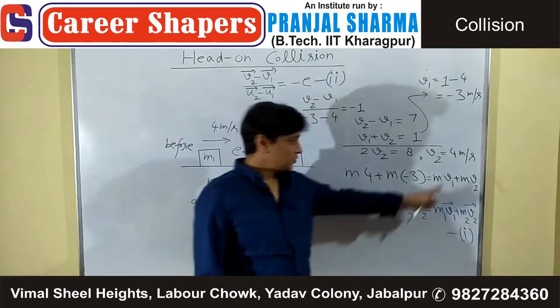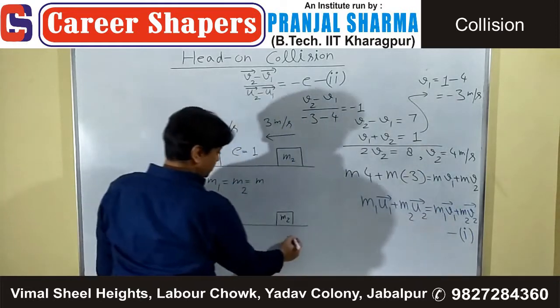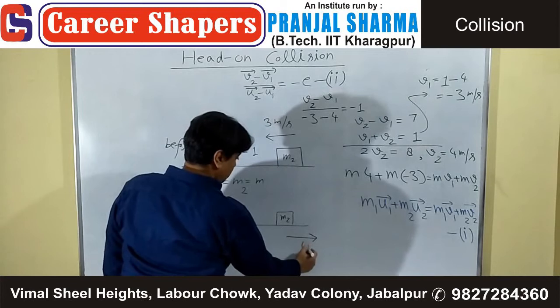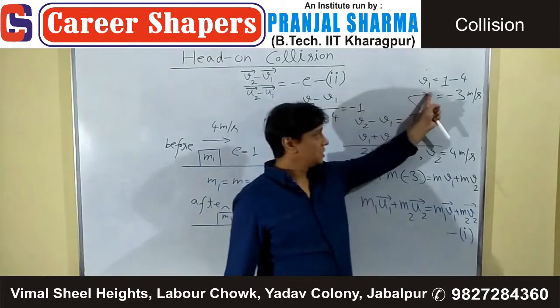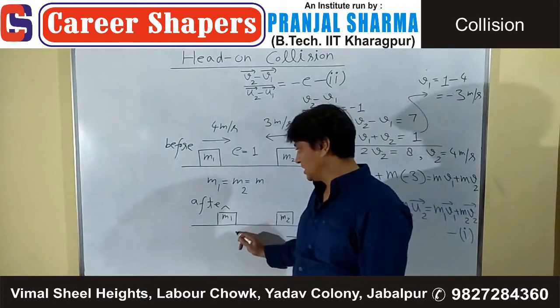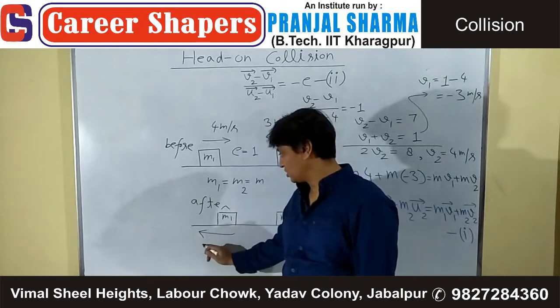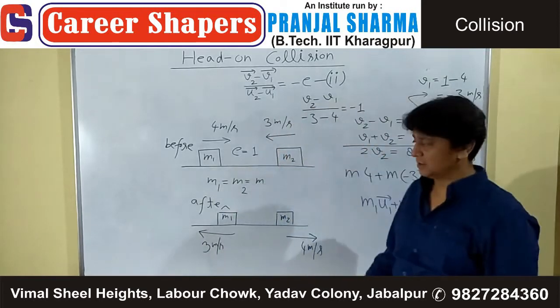M2, its velocity is what? 4. That is plus 4. It's moving in this direction with 4 meters per second. Velocity of M1 is minus 3. Minus means this M1 is moving in this direction with 3 meters per second.